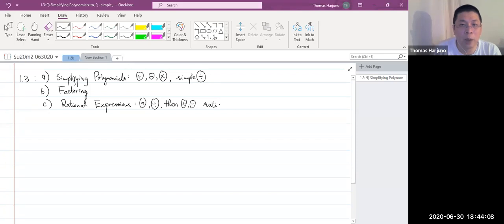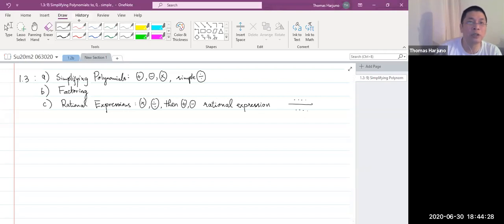Now, mind you that every time you have the word rational, have in mind that it is referring to fraction. So rational expression refers to something like some polynomial divided by some polynomial. Okay, that's rational expression. We'll see more details later on.